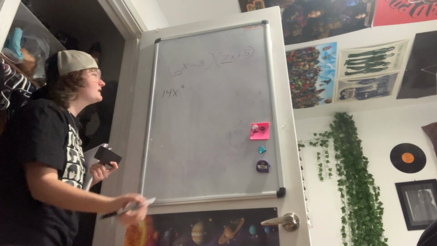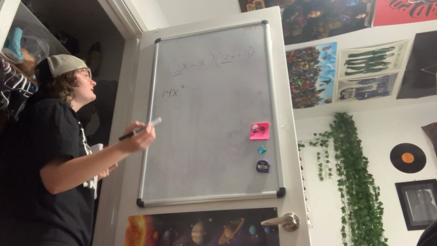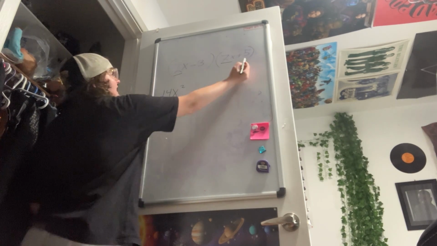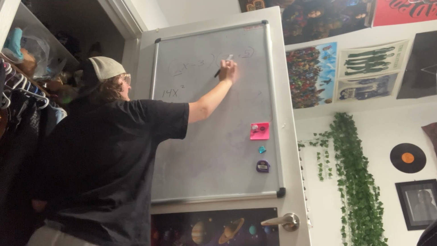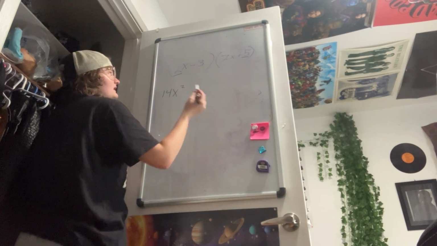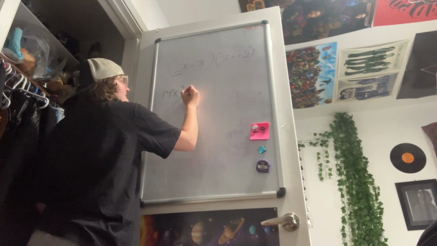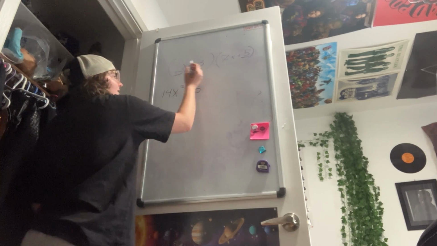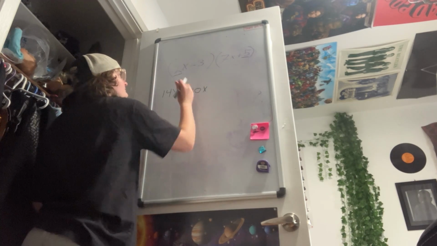That's our first. O is outside. So 2x multiplied by the 5, because we're doing our outside terms. These are the outside, these are the inside. You see, 2 times 5 is 10, and then the x has to stay with us.